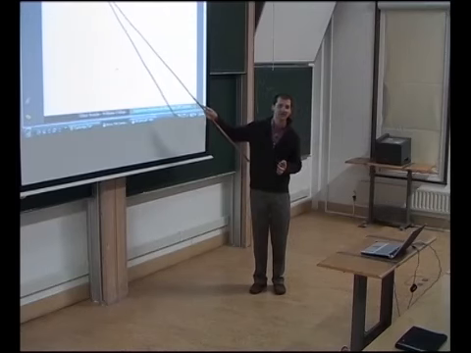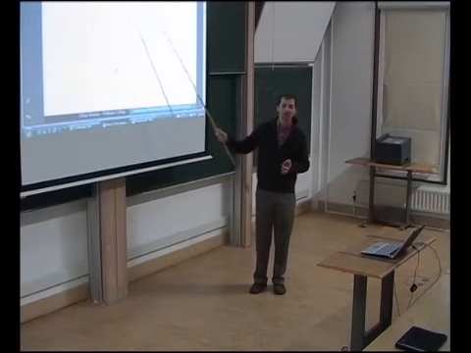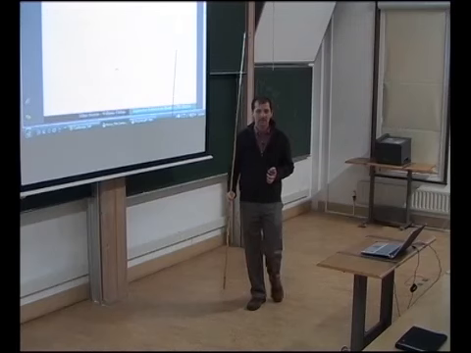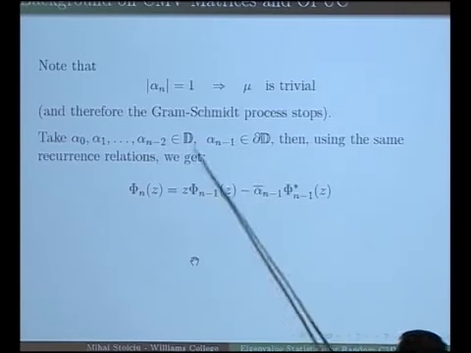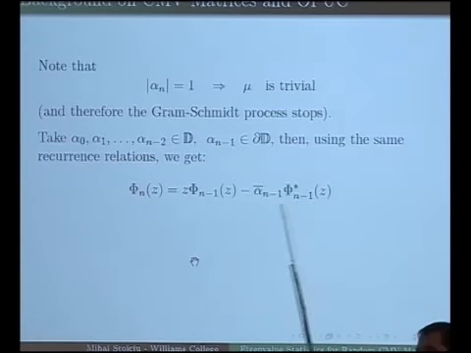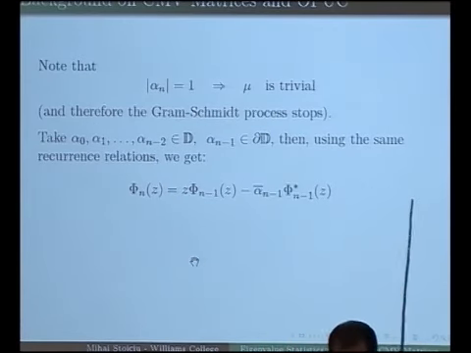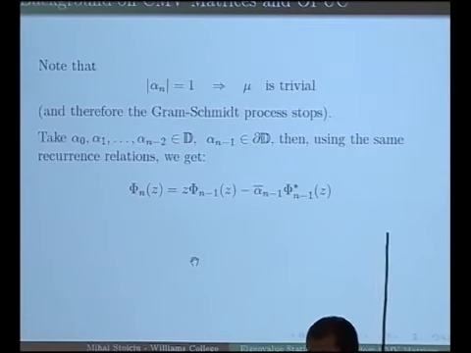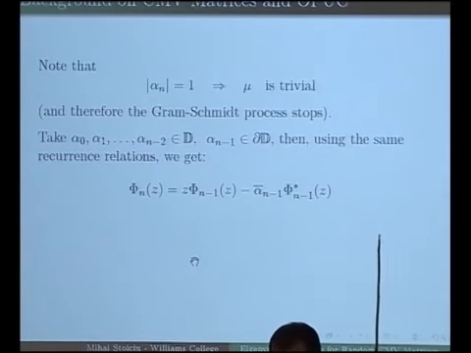So now, one thing I would like to say: what does it mean from the point of view of the Gram-Schmidt process? We want to impose that alpha n have absolute value 1. This means that the Gram-Schmidt process stops. You mean alpha n equals 1 for some fixed large n or not?